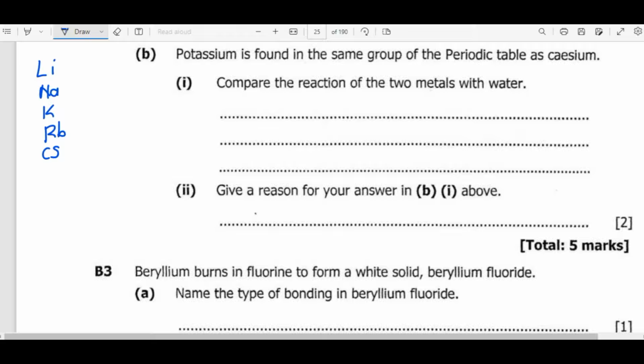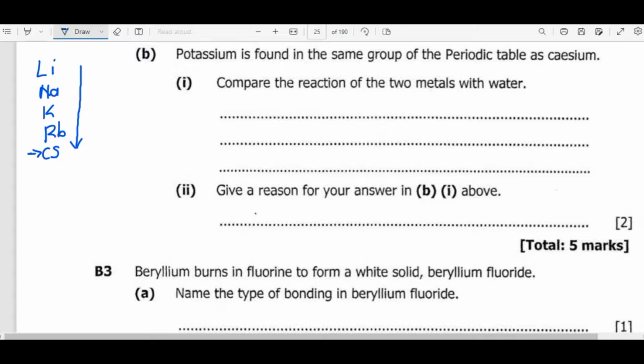So what you do for group 1 elements, you just have to know that if you move down the group, their reactivity increases. So the metal element below is more reactive than the metals or elements above. That is according to the trend under group 1. So if you look at the position of cesium and potassium, cesium is somewhere here.